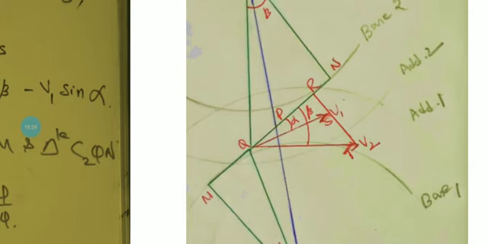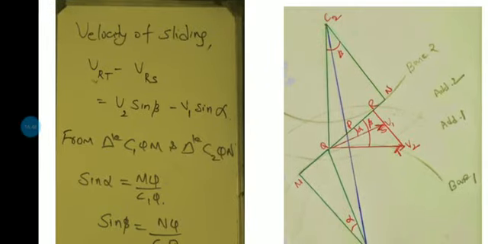Similarly, RT, if QR is also V2 cos beta, RT will be V2 sin beta instead of cos. So these are the velocities, the other two components of your velocities. So you represent this, then we will come back to the velocity of sliding.